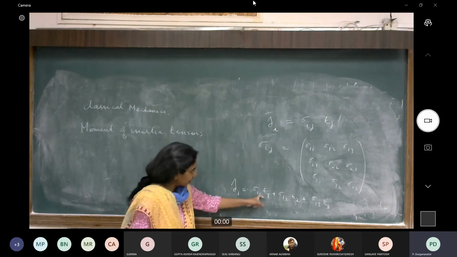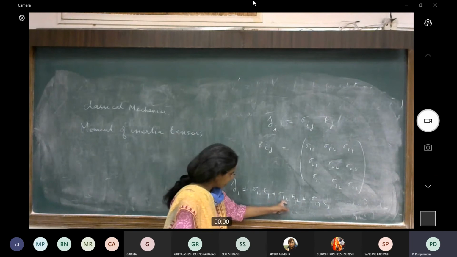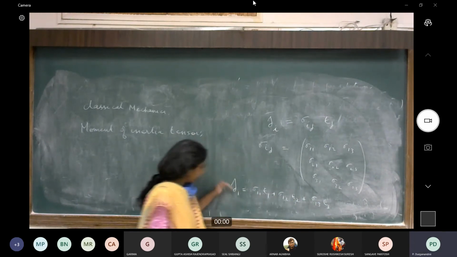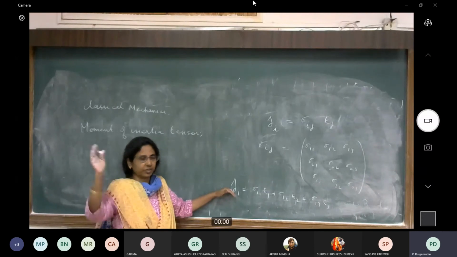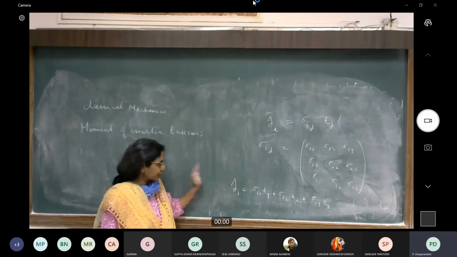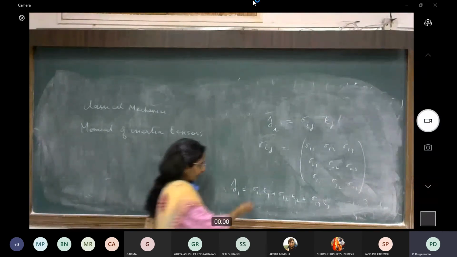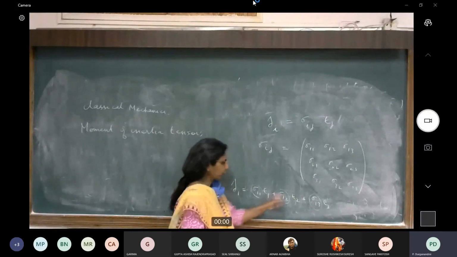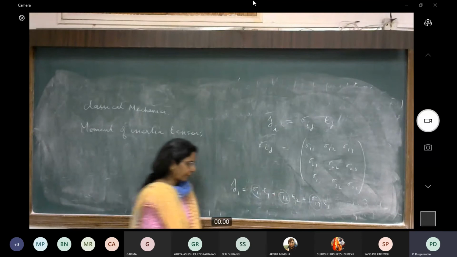Depending upon these values, I will find out the current flow across the one direction. Suppose I call the one direction my x direction. Then the current flow across the x direction will depend upon these values, and of course the electric fields you put along the x, y, z directions.